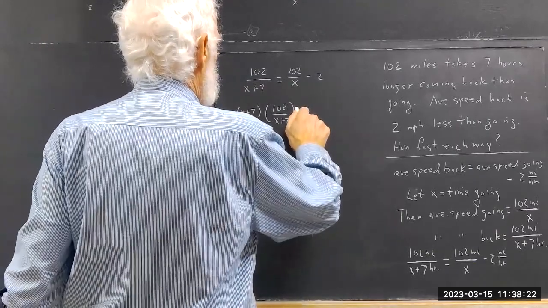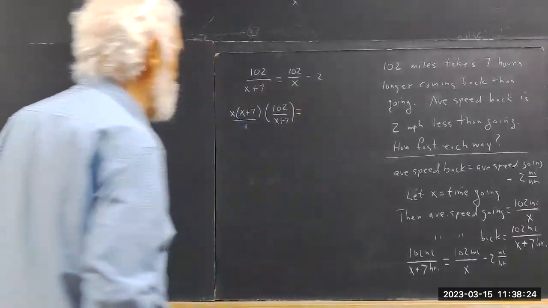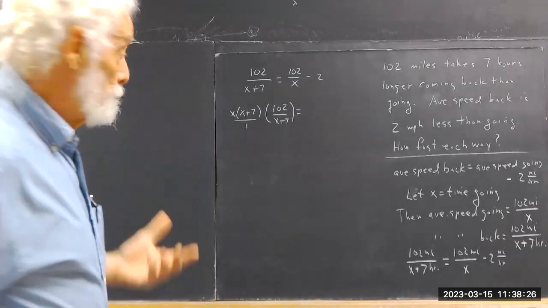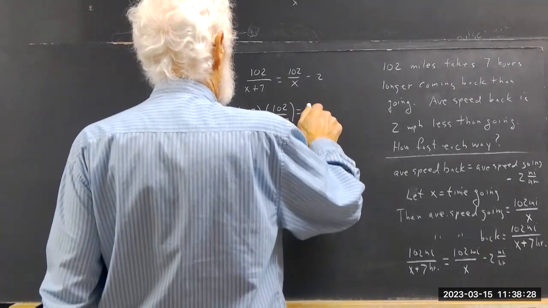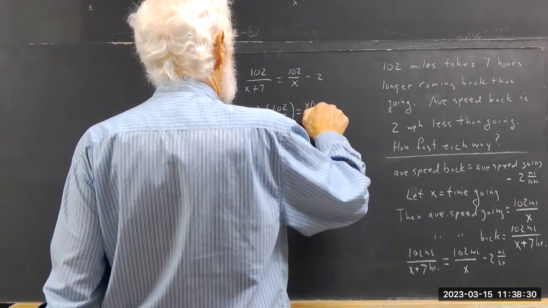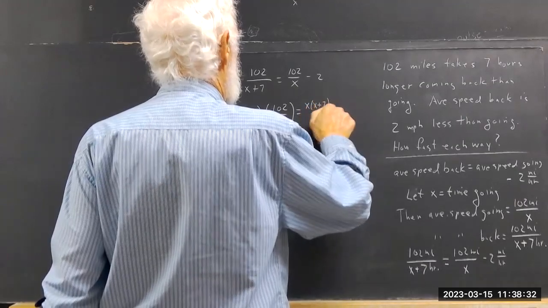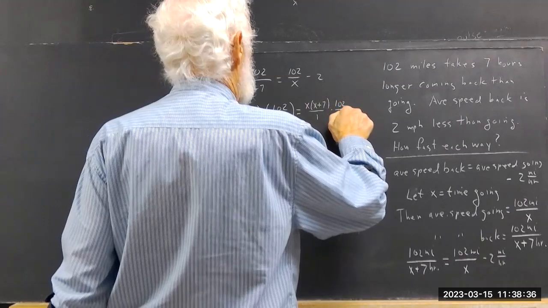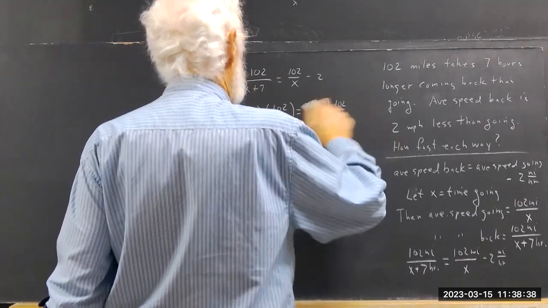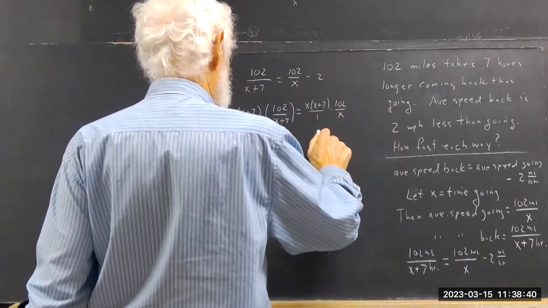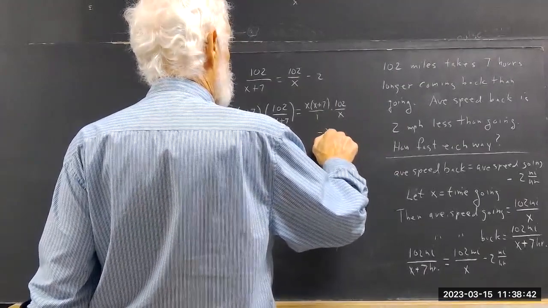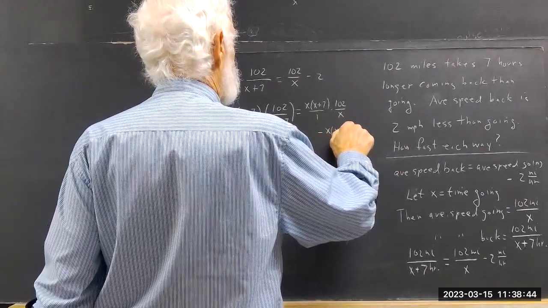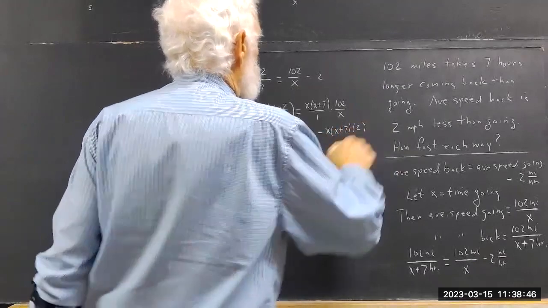I don't think everyone in here needs to do it that way, but some probably do. And again, I thought I had plenty of room, but I never do. Okay, x times x plus 7 times 2.